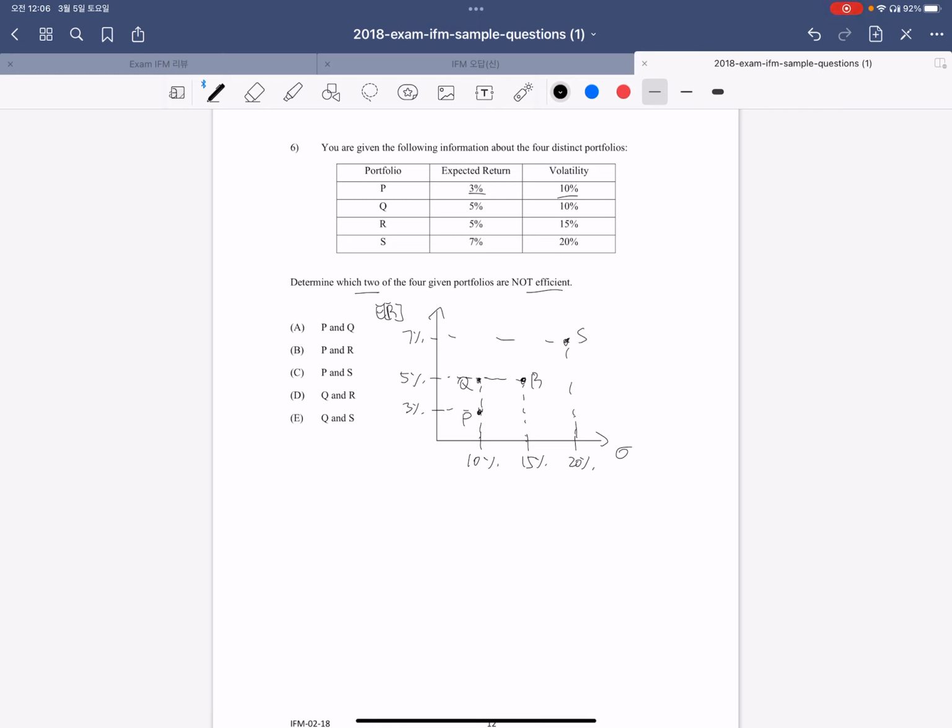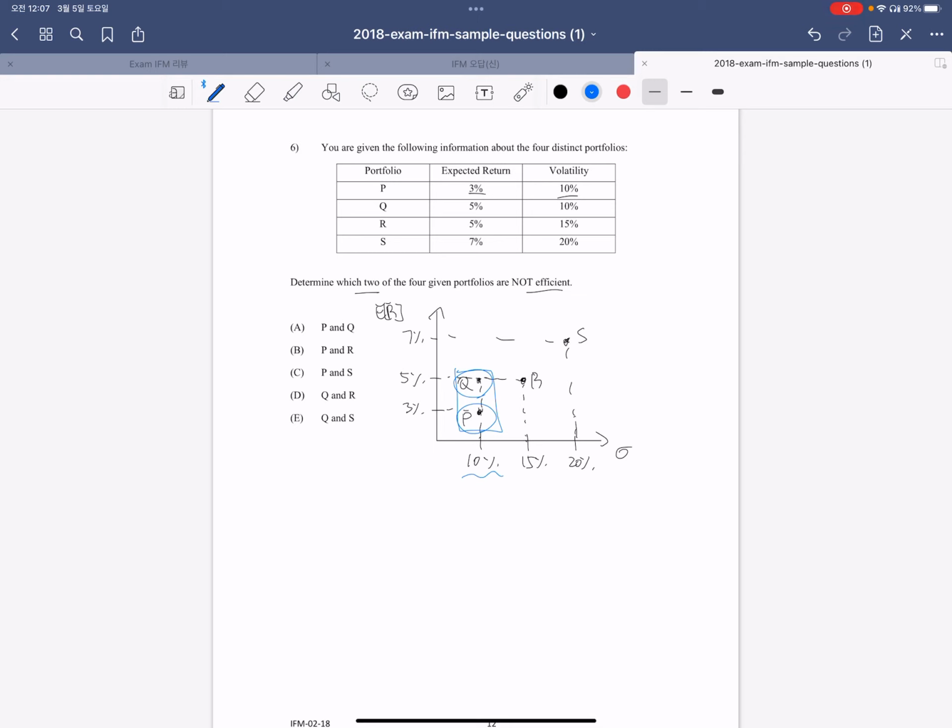Looking at the diagram, we always want to have the highest return with the least volatility. And by comparing these two data points, we see that they have the same volatility of 10%, but one has a higher expected return and one has a smaller expected return.